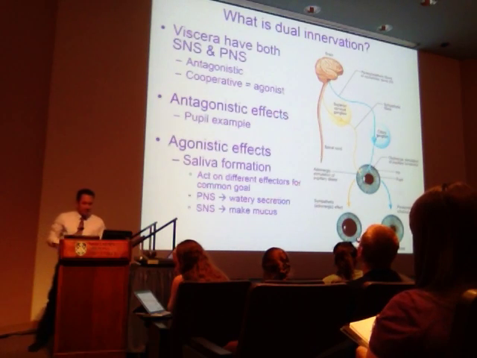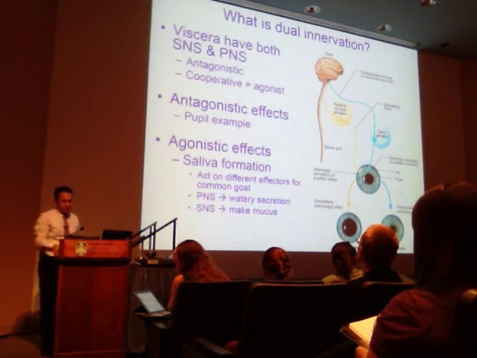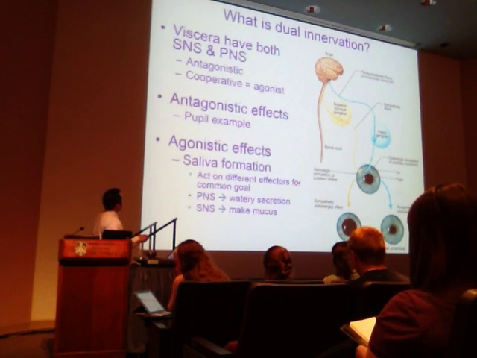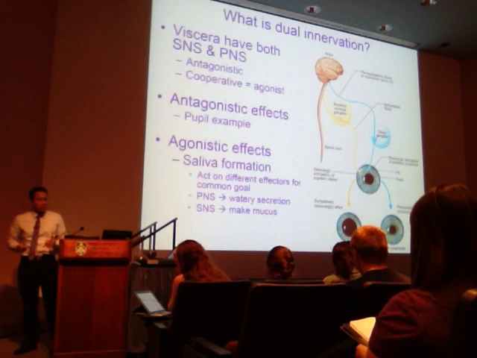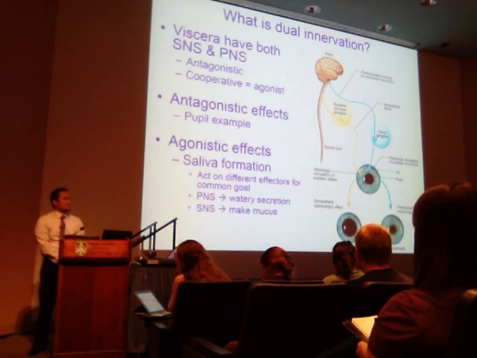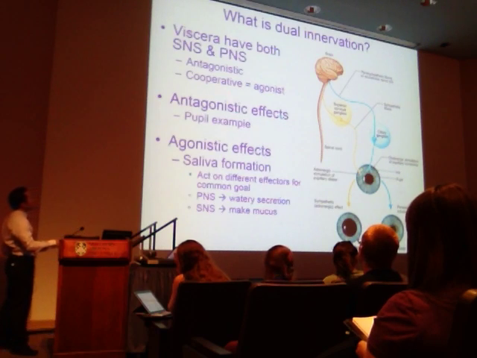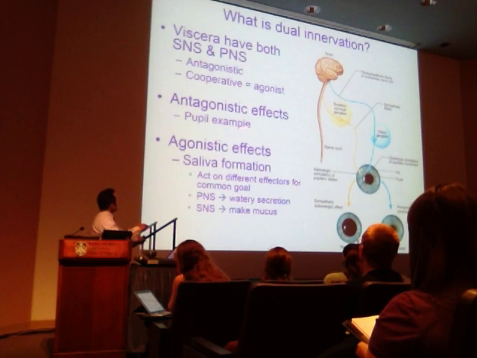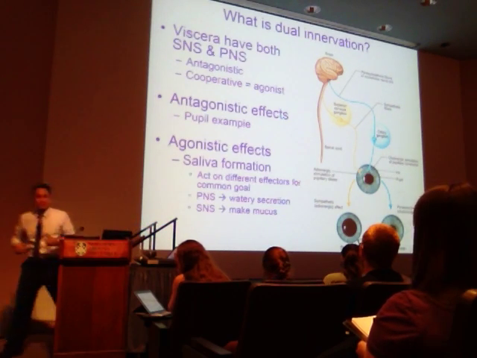The example here that we have is in the pupil. So you can actually see that we've got antagonistic opportunities if you have dual innervation, or you have agonistic or cooperative. And the example that we'll use for antagonistic here is the pupil, meaning one does one effect and the other one does the other effect.